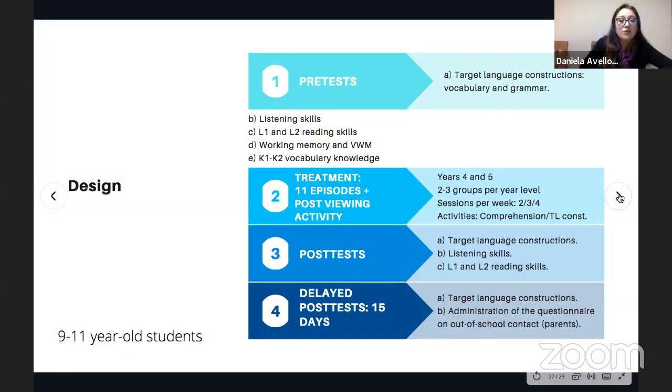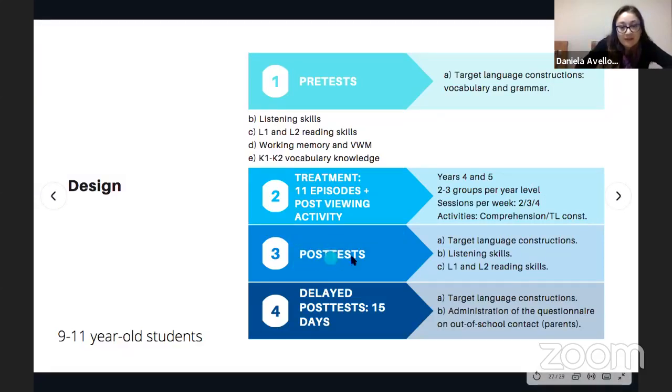This is my research design, which was divided into pre-tests, the treatment, which consisted of 11 episodes, and a post-viewing activity, the use of post-tests and delayed post-tests. So up to this moment, I'm here.